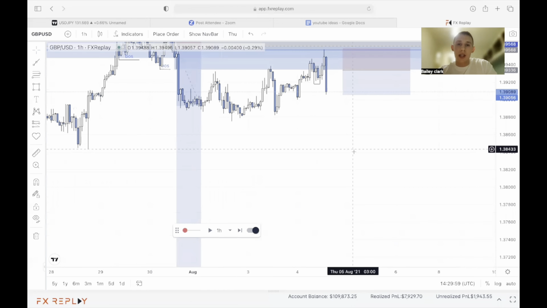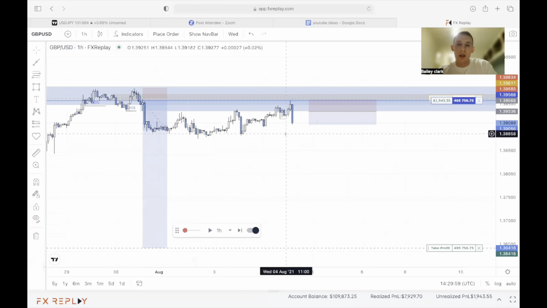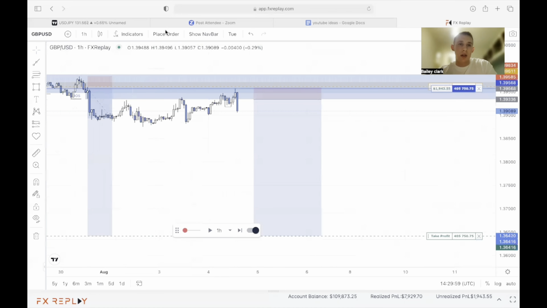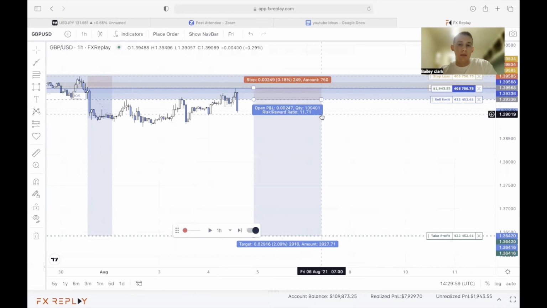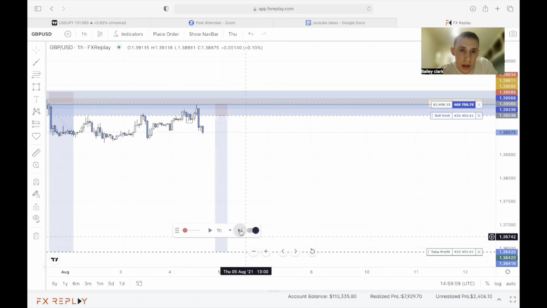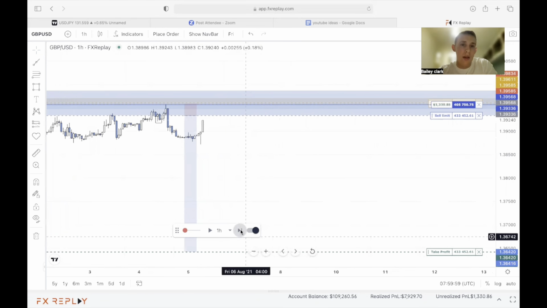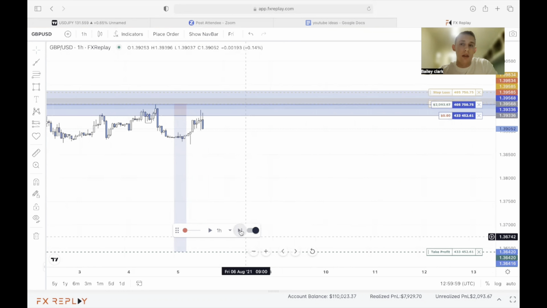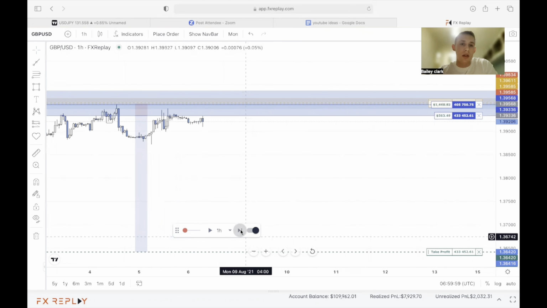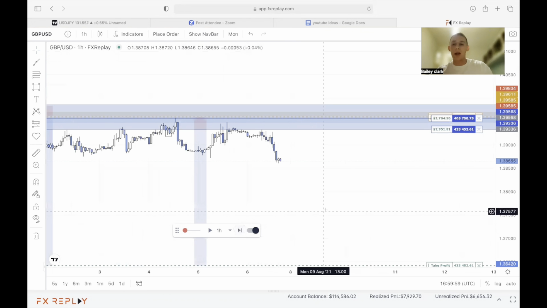And we'll target the same place down here. See if it gets tagged. All right, there we go. See if it can break structure. There we go.